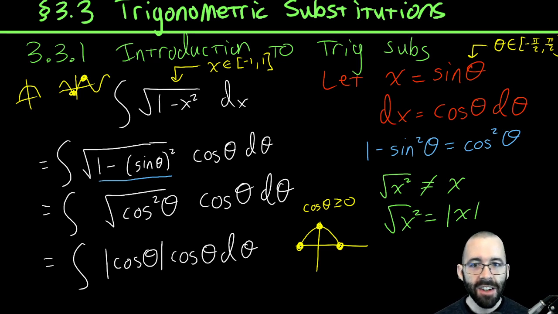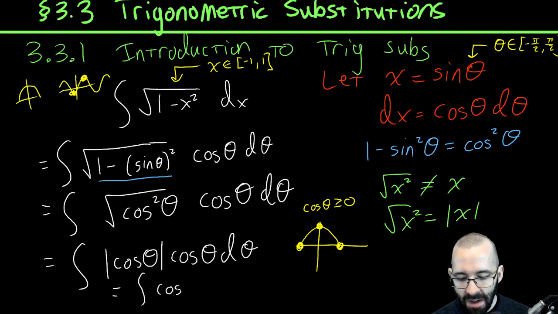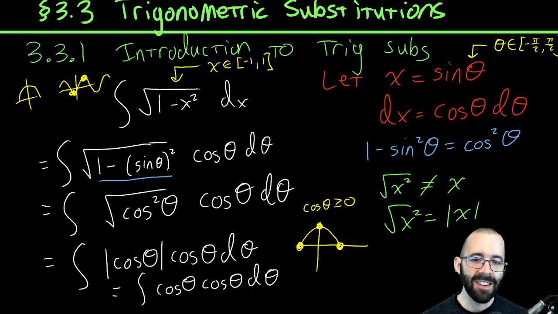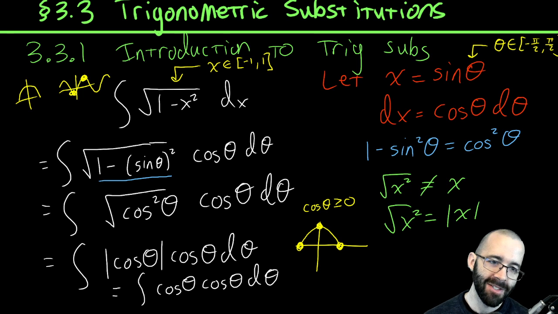So all of this stuff in yellow tells us that cosine of theta will never be negative. So if cosine's never negative, this is always equal. Absolute value of cosine is just equal to cosine, which is really nice. Cool. Good. So we need the absolute value until we don't.